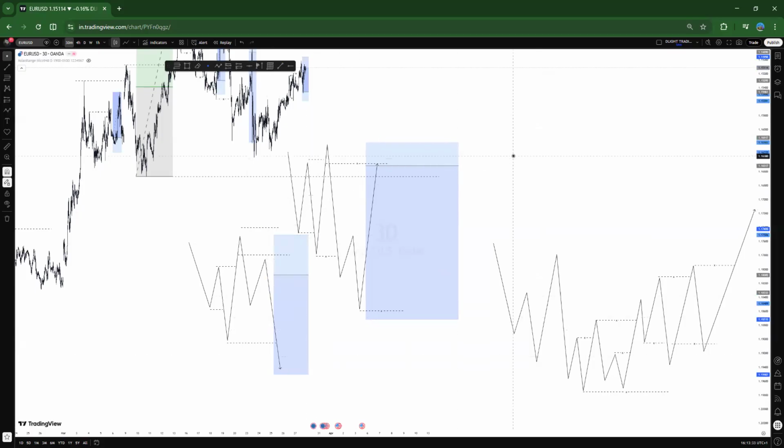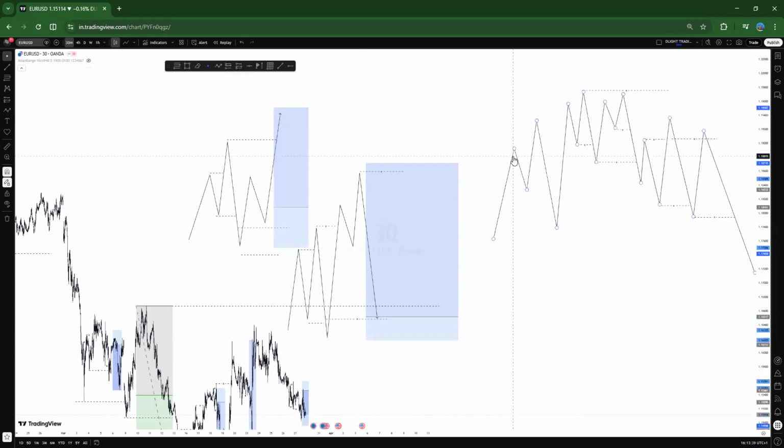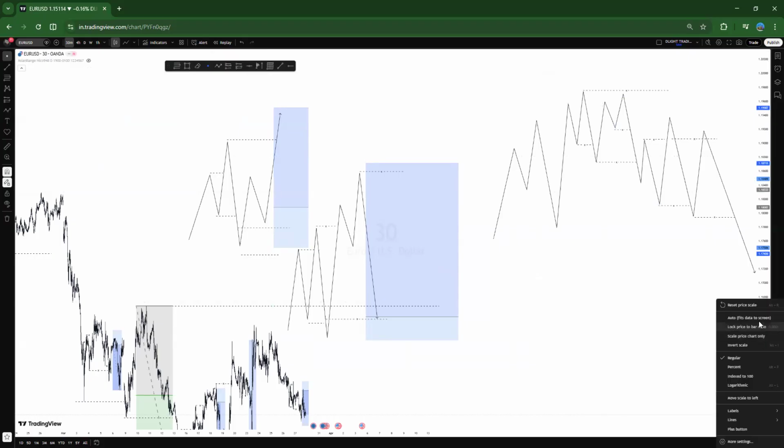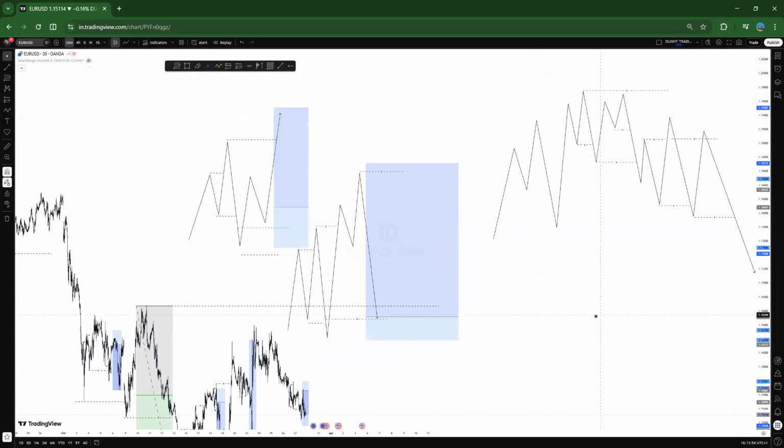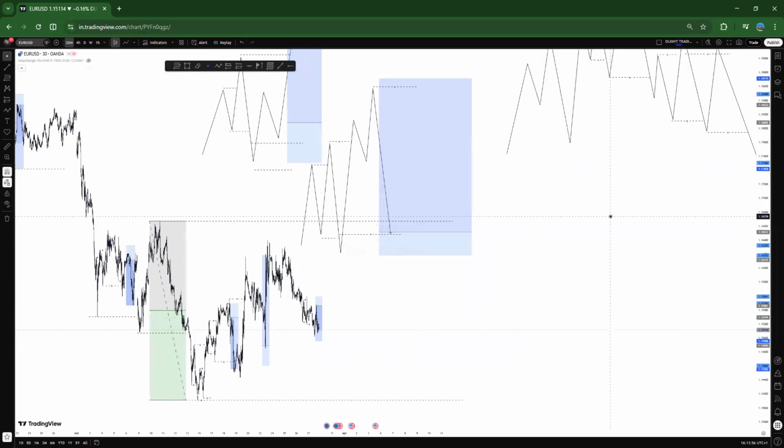If you want to invert it and you're using Windows, use your Alt key and I. Or if you're using Mac, right click on your chart, look for inverted scale, and tap on it, then you'll be able to get the inverted chart.